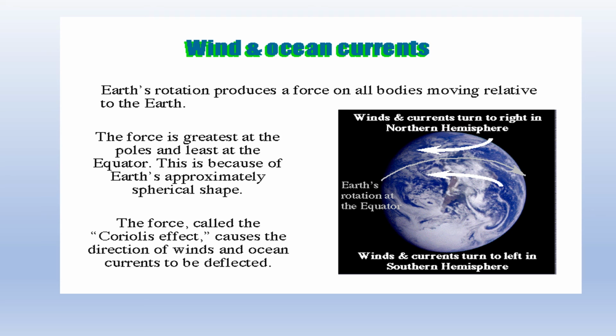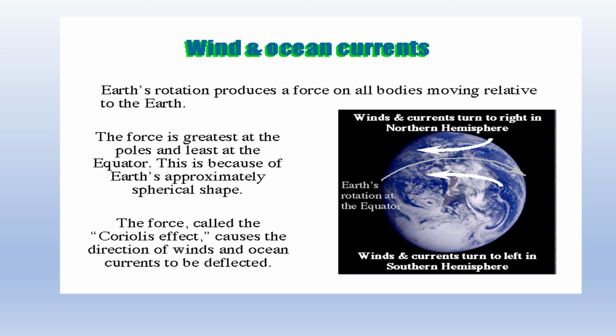Coriolis force and the winds are such an important topic that one has to understand. The force is greatest at the pole and least at the equator. This is because of the Earth's approximately spherical shape. The Earth's rotation produces a force on all bodies moving relative to the Earth.